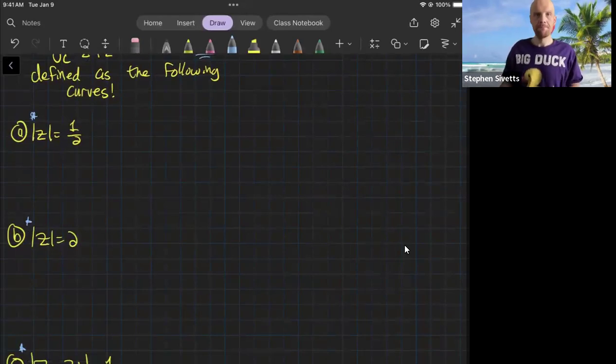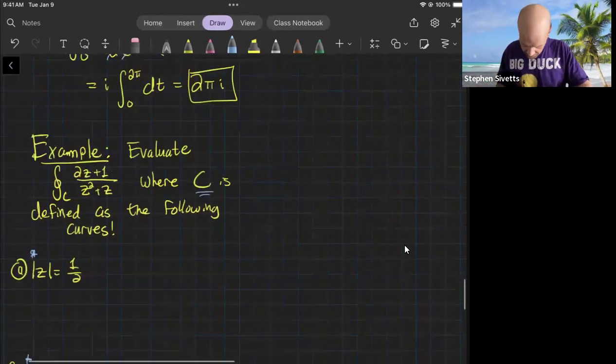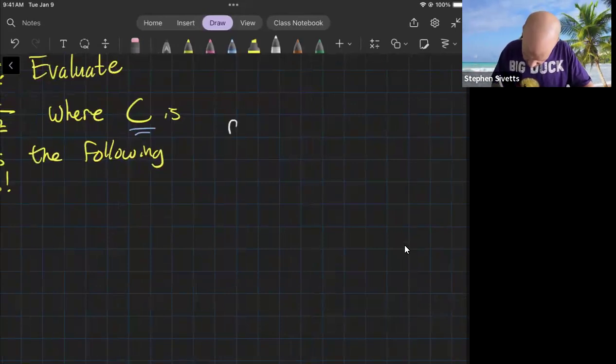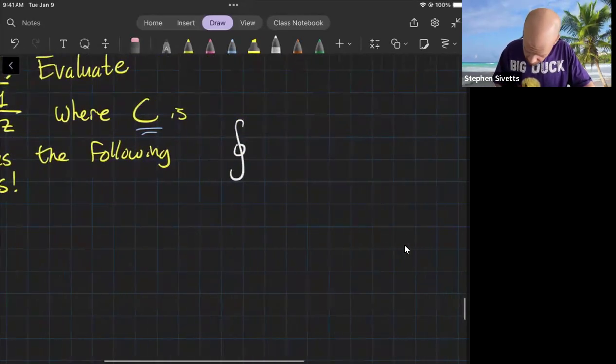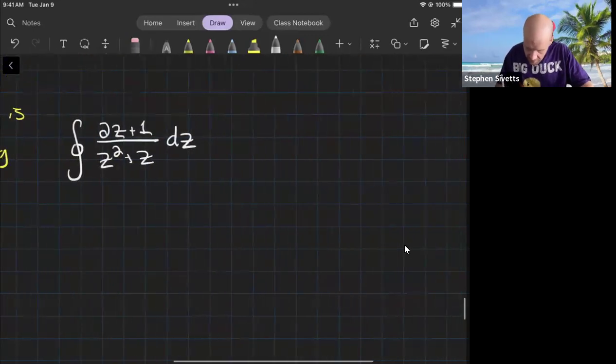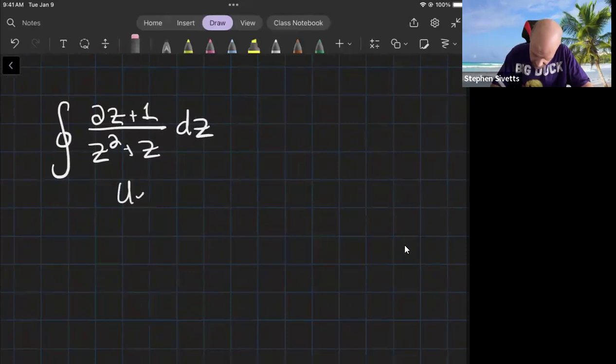Okay, all right. So I assume you worked on these examples, and let's go over it together. What we want to do is express this line integral of 2z plus 1 divided by z squared plus z dz. We're going to use Calc 2 techniques, partial fractions decomposition.